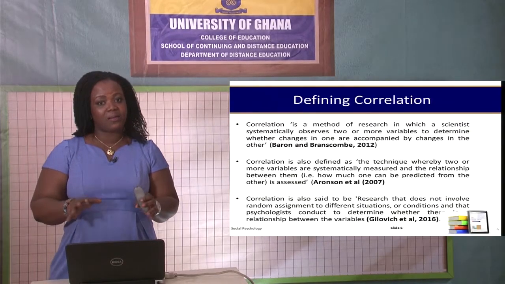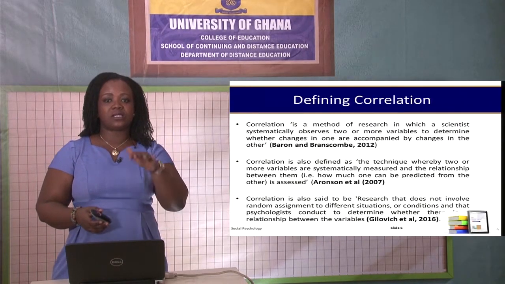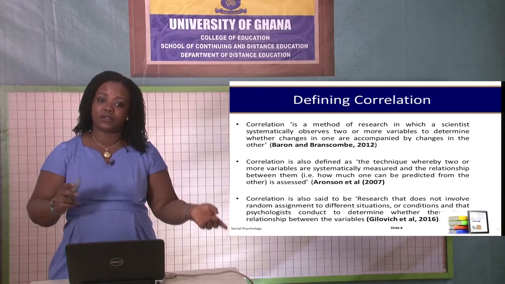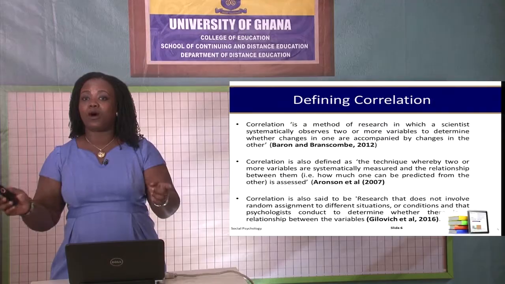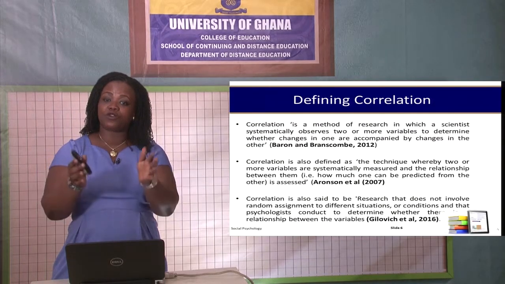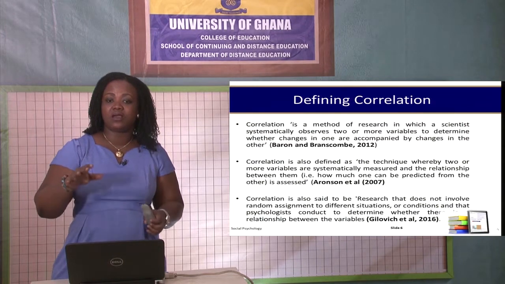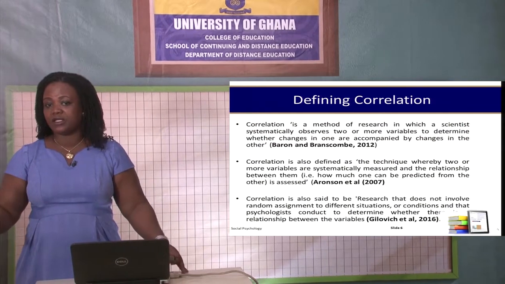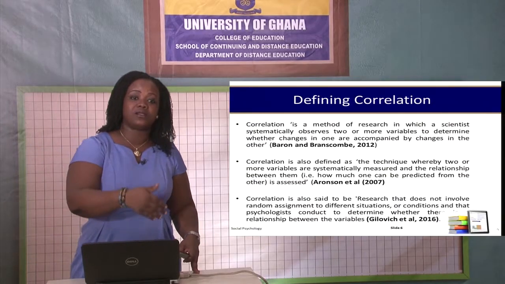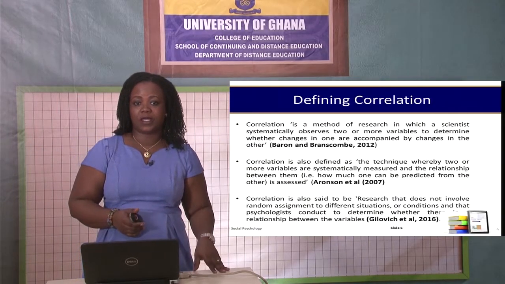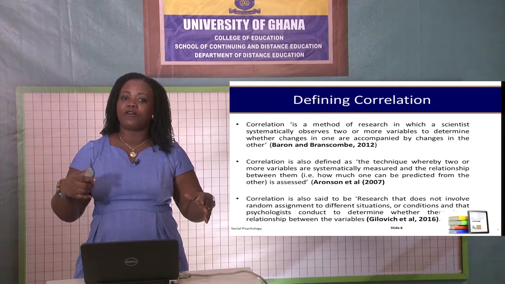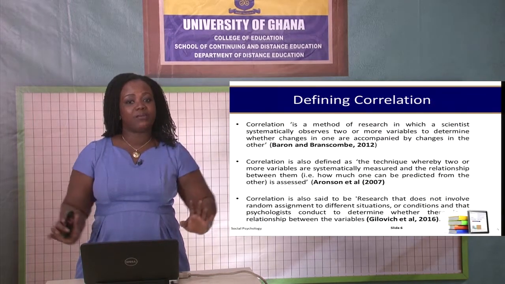This is another method where you systematically observe two or more variables, two or more social phenomena, to see if they happen together, to see whether if a change happens in one phenomenon, a change necessarily happens in the other. It does not involve randomly assigning people.